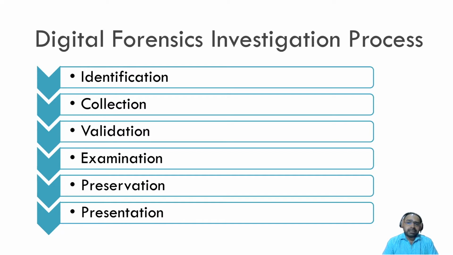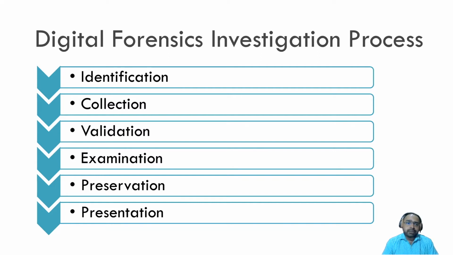Then the next step is the collection of evidence. Note here that whenever the investigating officer visits the crime scene, he or she may notice that some systems are off and some systems are on. He or she has to note down all the states of the systems. If the system is on, then he has to take a picture of it, and if the system is off, still the investigating officer has to take a photo of it. Now, if the system is on, then he or she needs to perform live forensics.